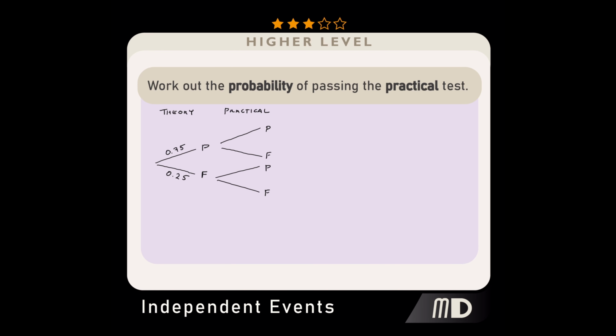There are two branches of our probability tree that represent this outcome, a pass on the theory test, followed by a fail on the practical test, or a fail on the theory test, followed by a pass on the practical test. The sum of the probability of those two outcomes is 0.36.